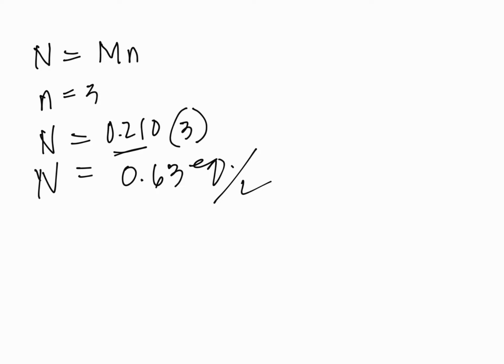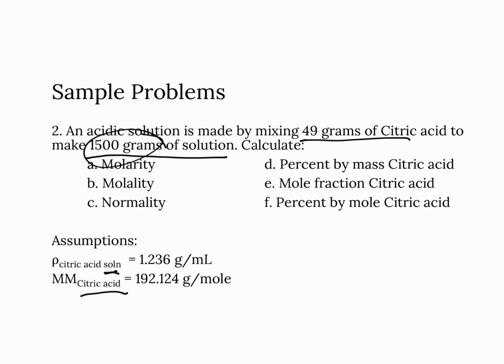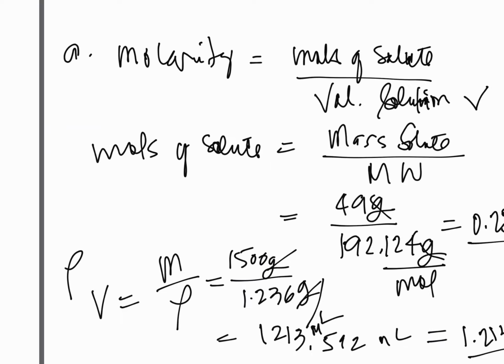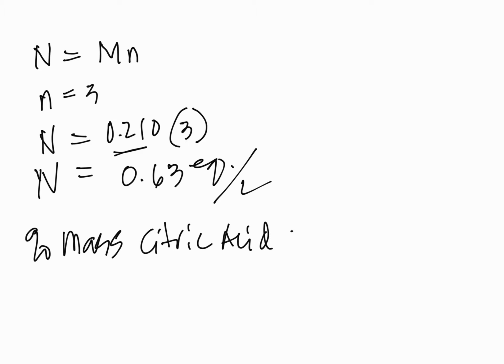Okay, next question: percent by mass of citric acid. That's 49 grams over 1,500 grams of the solution.